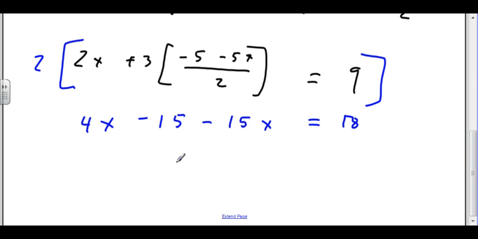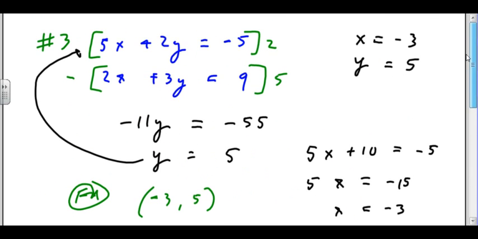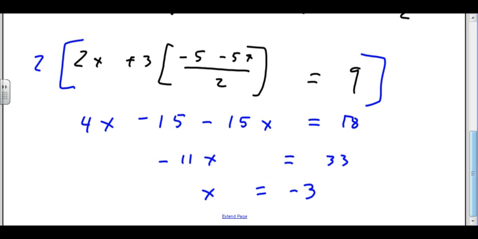And then I'm going to get minus 11x is equal to, I put 15 on the other side, I get 33. So x is equal to minus 3. Am I supposed to be getting x is equal to minus 3? Yes, I am. So I'm happy about that.